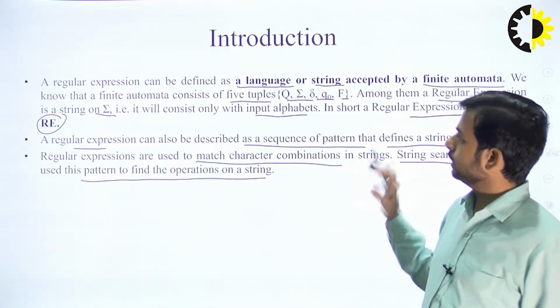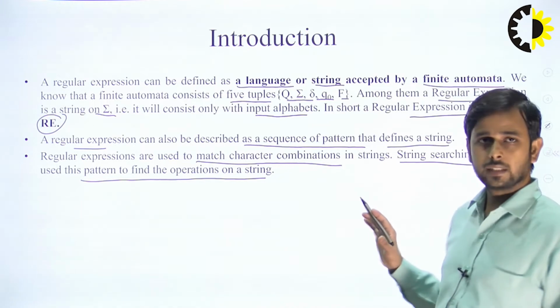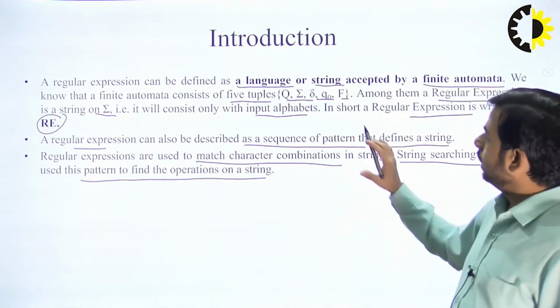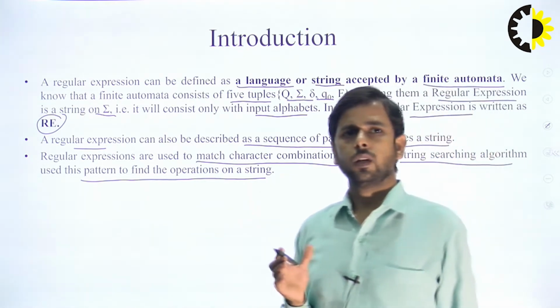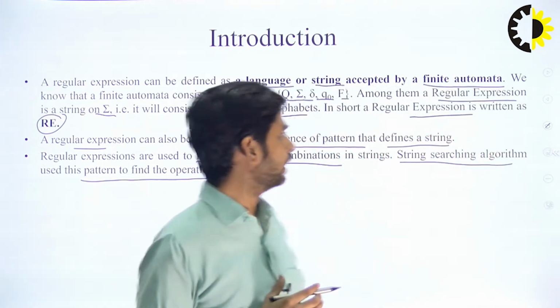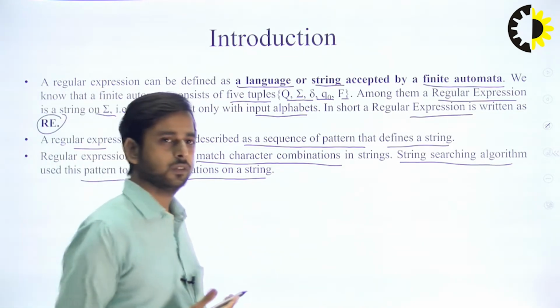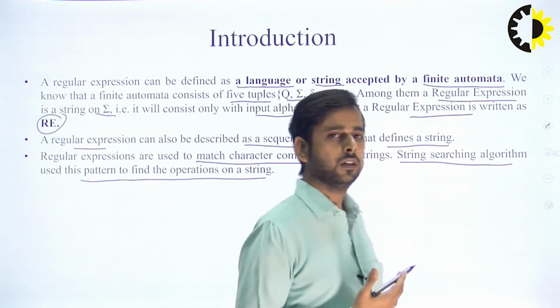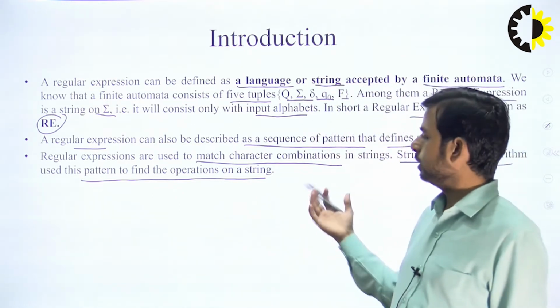So this is some basics of regular expression. It is basically a language or string accepted by a finite automata. There are 5 tuples Q, sigma, delta, Q node and F. It is a sequence of patterns that defines some strings, and it is used by string searching algorithms to perform operations on a string.